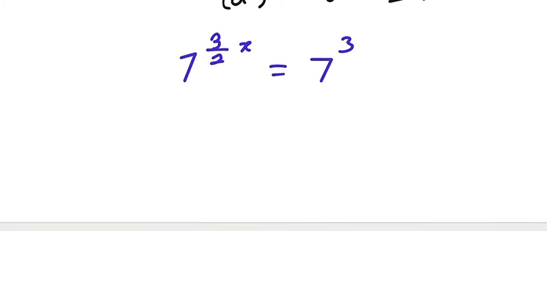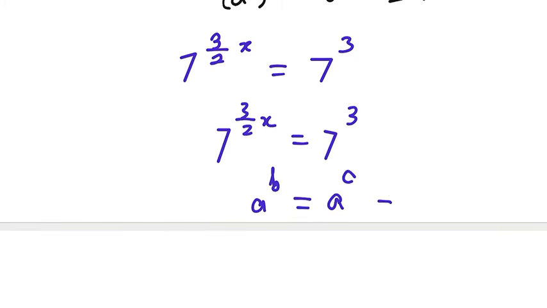So we have 7 to the power of 3 over 2x equals 7 to the power of 3. Now when you have a to the power of b equals a to the power of c, this implies that b must be equal to c because the bases are the same. So we conclude that 3 over 2x equals 3.